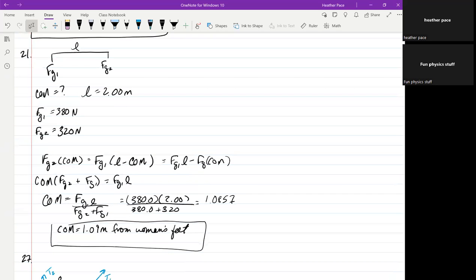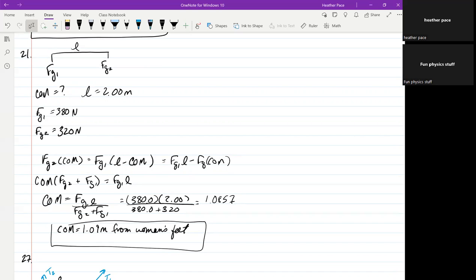All right, so I've drawn our figure. I didn't draw the woman because that would have taken me forever. I just drew her as L. So we're looking for her center of gravity. COM is just what I always write, for center of mass. So we've got L equals 2.00 meters.